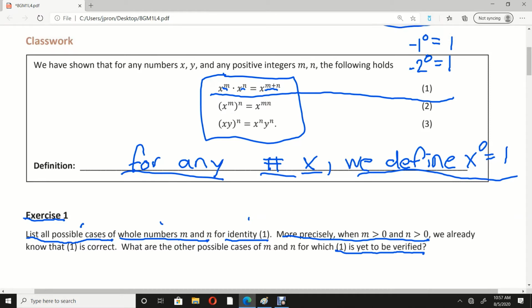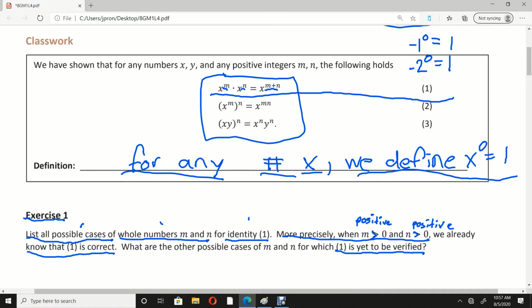Okay, any possible whole numbers. More precisely, when m is greater than 0, so m is positive, and also when n is greater than 0, it has to be positive. Okay, we already know that one is correct.